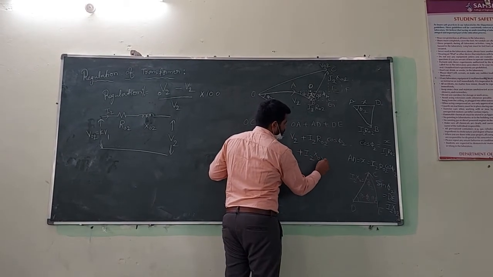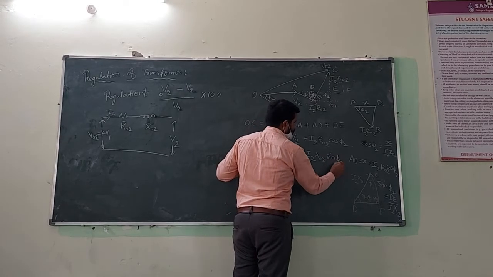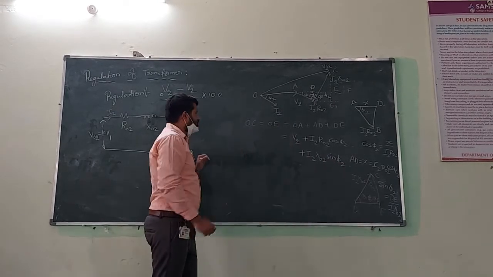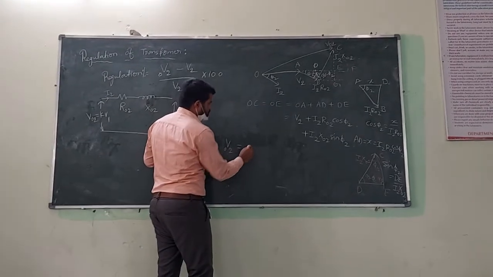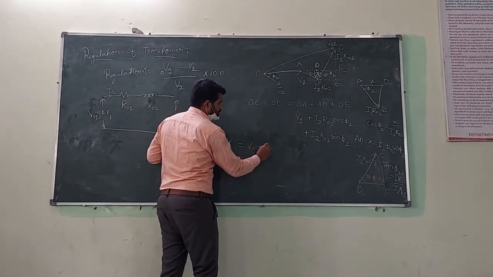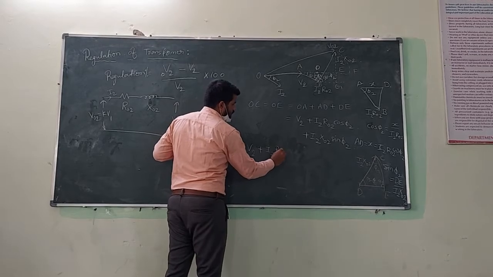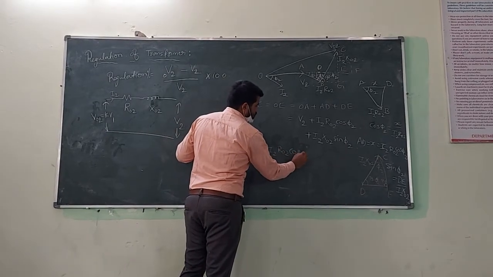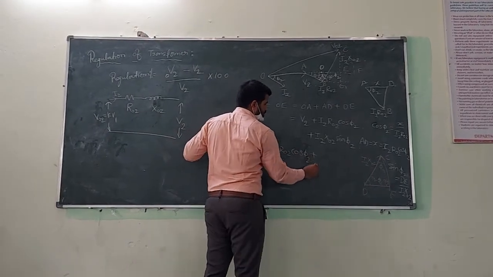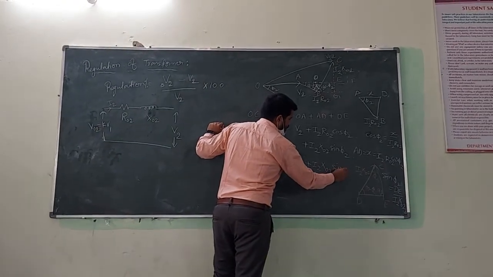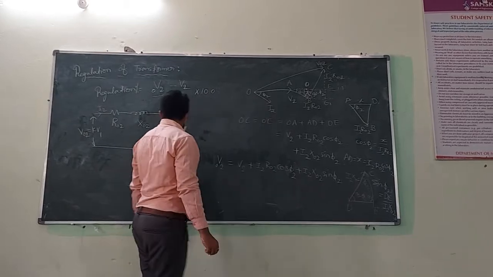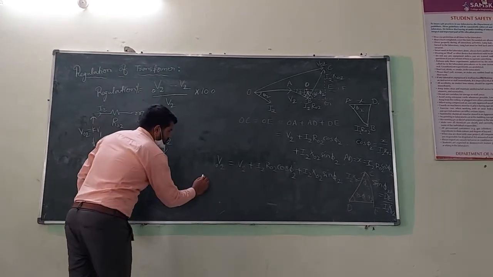I2 X02 sin phi 2. The final equation that you got for V02: tell me, V2 plus I2 R02 cos phi 2 plus I2 X02 sin phi 2. We want the voltage regulation.